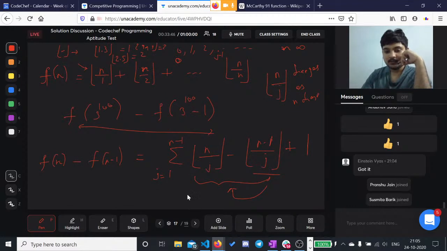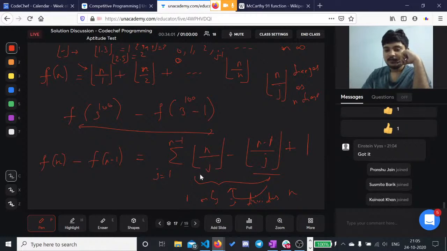This will be 1 only if j divides n. So only for j from 1 to n minus 1 that is a divisor of n, this sum will be 1. For others it will be 0. And then here you have n by n. So this expression is equal to the number of divisors of n.